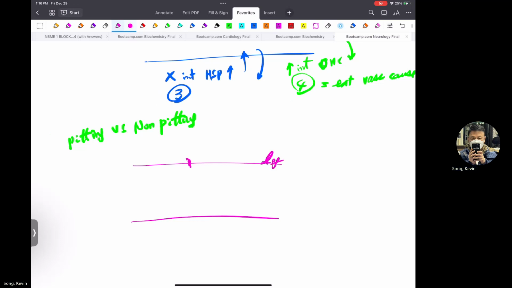And if we press it, then it will dent, right? And then if you let go, it stays like a dent, and that dent is still there after about 3 seconds. I don't remember the exact timing, but it stays depressed for more than 3 seconds. That is pitting.